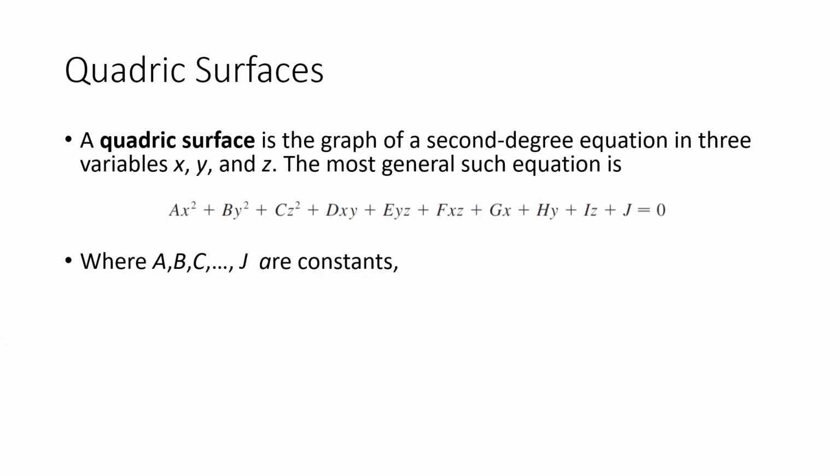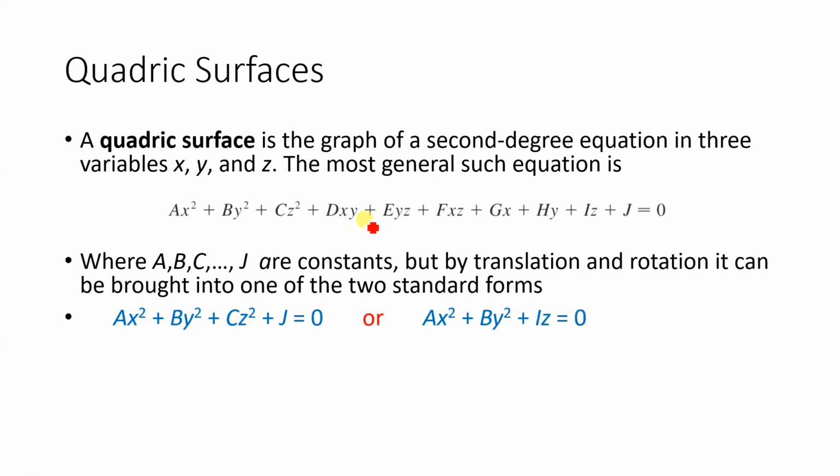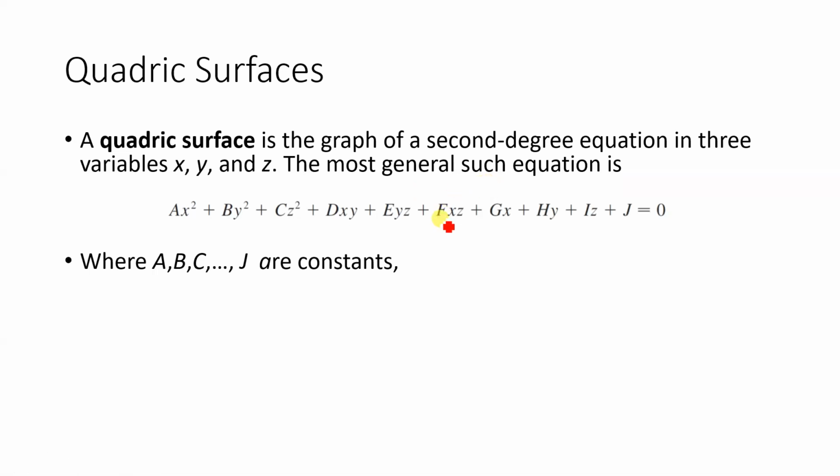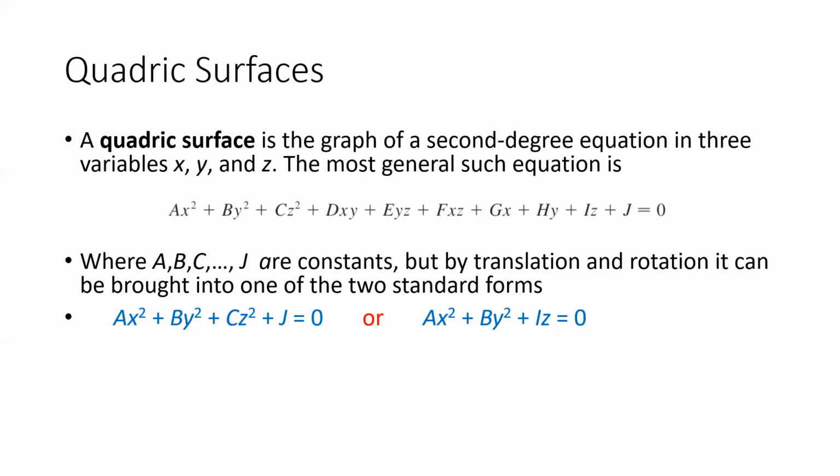So the general equation of this type is ax square plus by square plus cz square plus dxy plus eyz plus fxz plus gx plus hy plus iz plus j is equal to 0, where a, b, c, d, e, f, g, h, i, j are constants. But in this lesson, we will focus on the standard form of the most common quadric surfaces, which can be obtained by translating and rotating this type of equations.